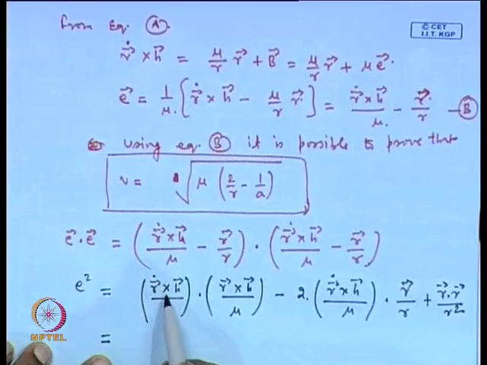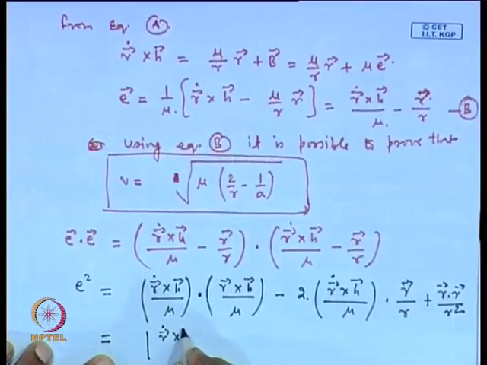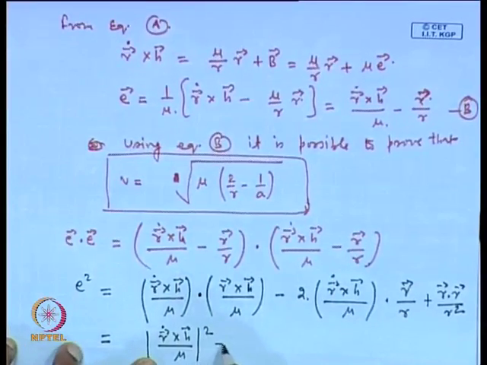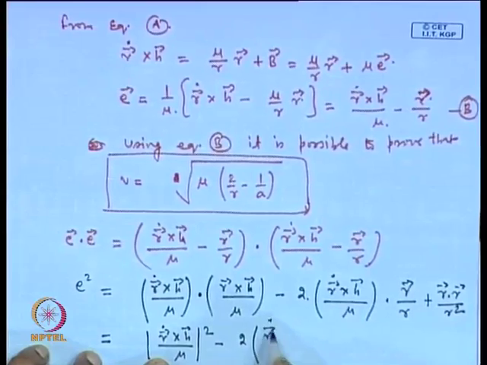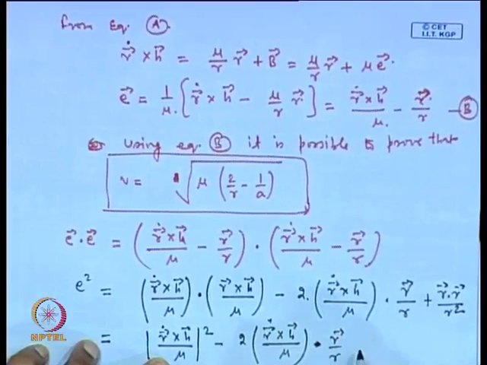Therefore, the cross product will lie in the plane of the orbit. So, we can simply write r dot cross H magnitude by mu whole square, minus this quantity here, 2 times r dot cross H by mu dot r by r, plus 1, this quantity being equal to 1.